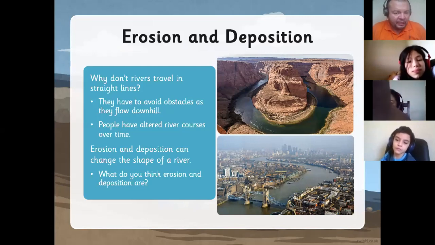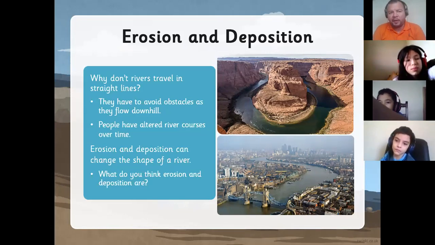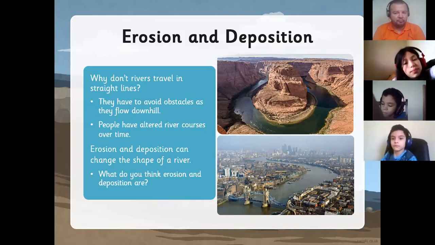People have altered river courses over time. Erosion and deposition can change the shape of a river. What do you think erosion and deposition are?